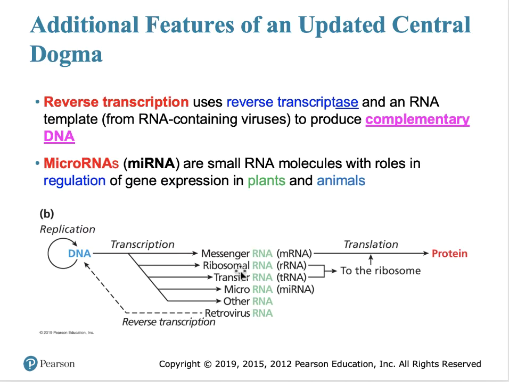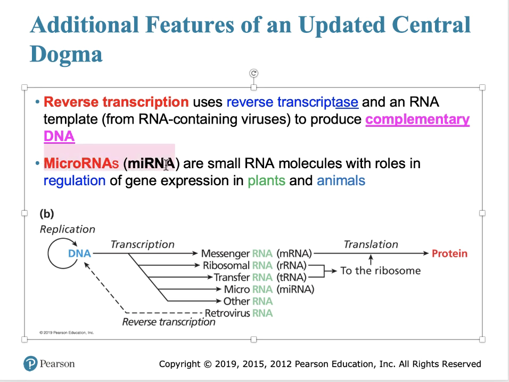But for now, we also need to know that scientists have discovered other types of RNA that are important in controlling the behavior of cells. So microRNAs are very small RNAs, 20, 30 nucleotides in length. They are very important in controlling the behavior of the central dogma, how information is passed from DNA through to other molecules.